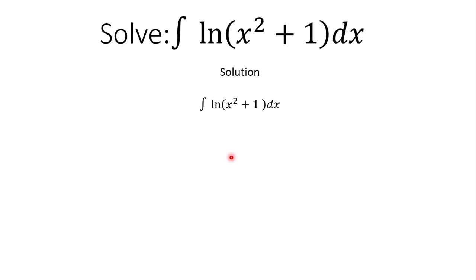Good. As I said, because we have considered the coefficient of the ln, or the whole of natural log x squared plus 1, which is 1, it has become an integration by parts question. As I said earlier, maybe you can use substitution to solve it, maybe partial fractions, maybe other integration formulas.